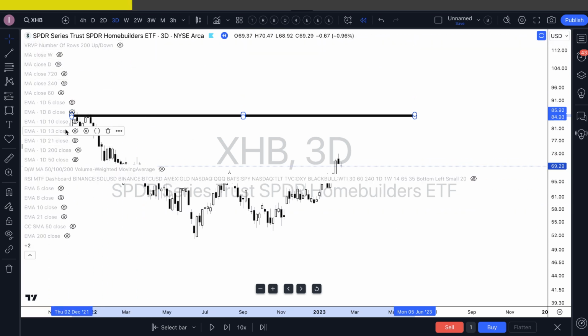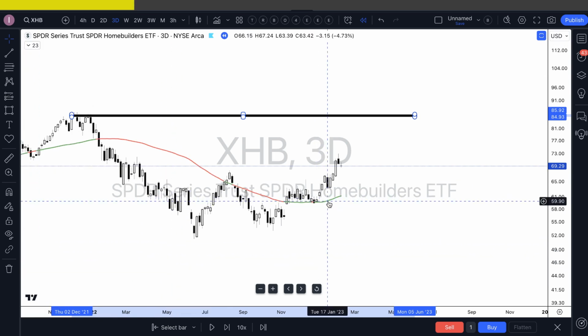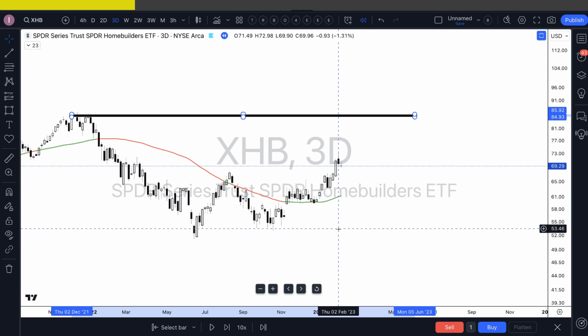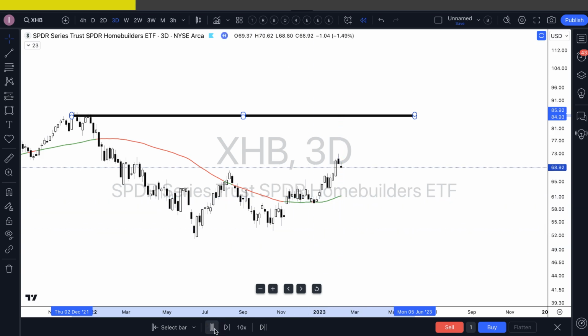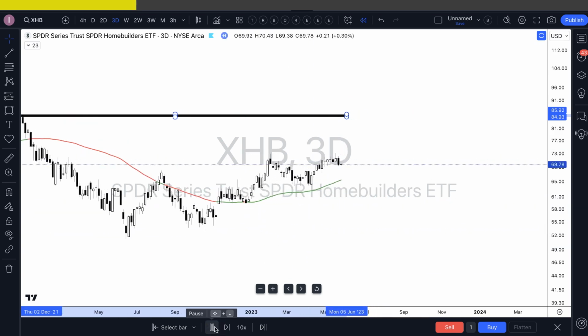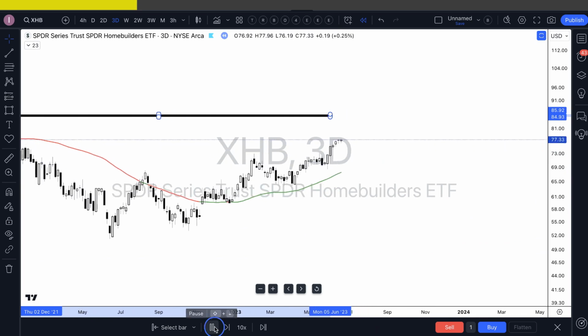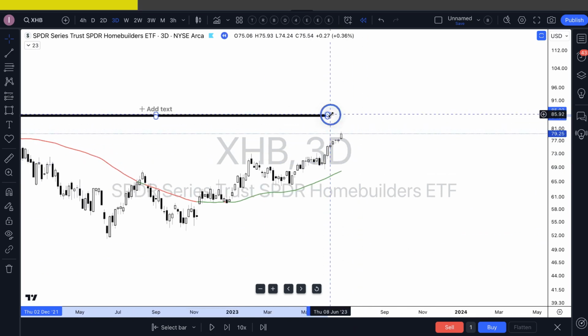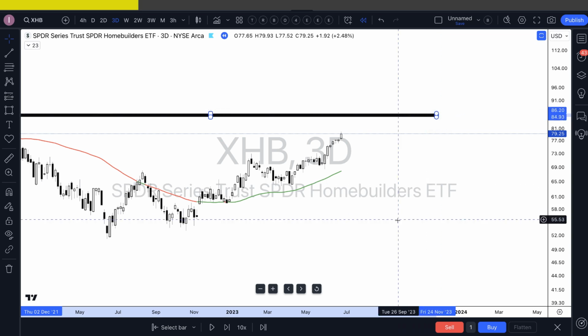And actually, before I do, let's turn on that 50 SMA. So you can see price is above it, and it's starting to trend up. We'll hit play. You can see the 50 SMA, the green one, starting to trend up. We love that price is above it. I'm going to extend this neckline. Looks like we're going to exceed it.